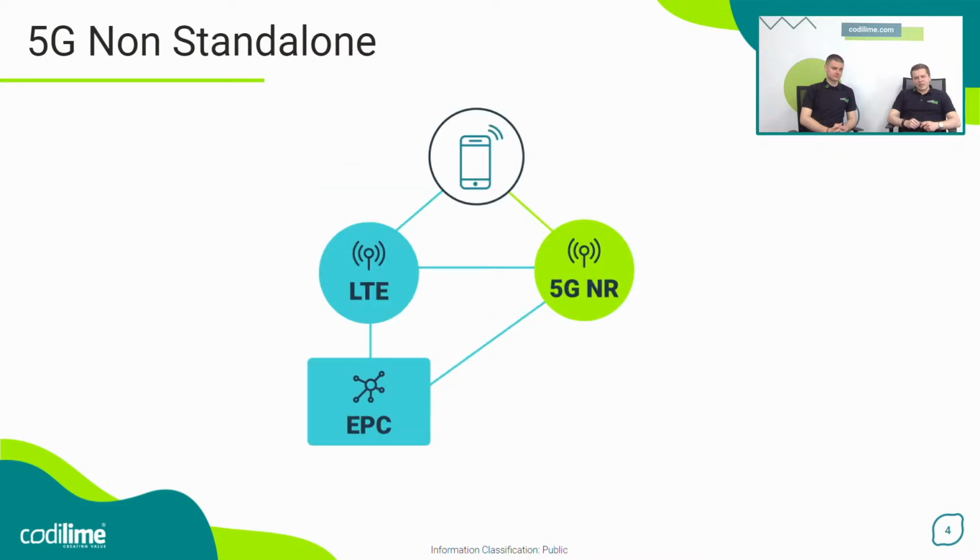To tell you more about the current deployment models for 5G networks: right now most of the wireless connectivity and infrastructure was added to the existing infrastructure that we have for 4G. The new standard for wireless communication, called 5G NR, which stands for New Radio, is still leveraging the core network that was used for the previous generation of networks, which is called EPC, which stands for Evolved Packet Core.